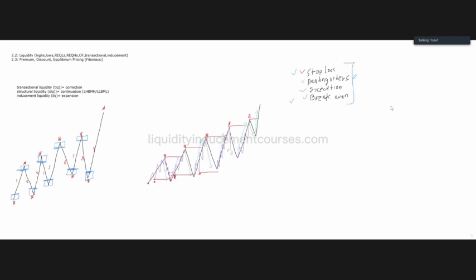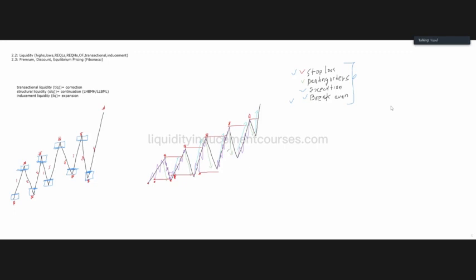In fact, let me not say never. In most cases, I don't buy directly from structural liquidity, except I am hedging a trade. That's when I can buy directly or sell directly from structural liquidity.